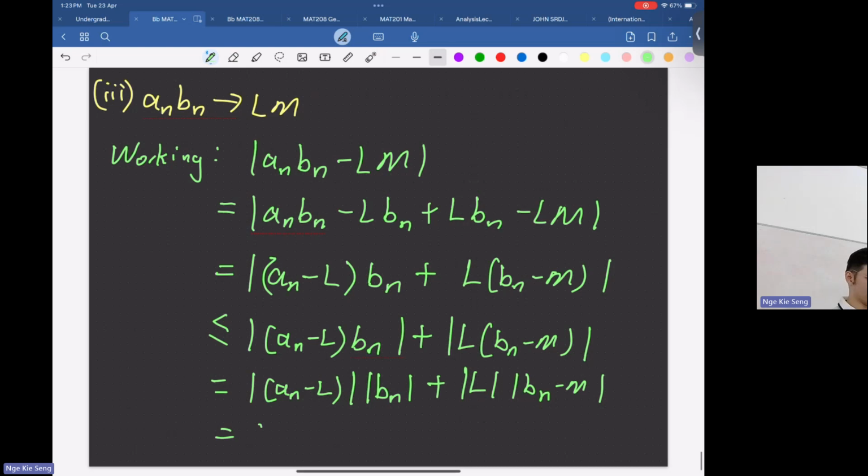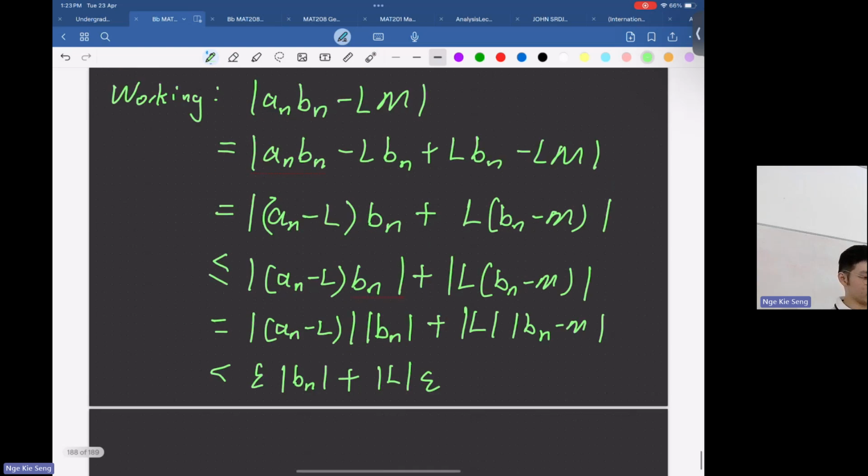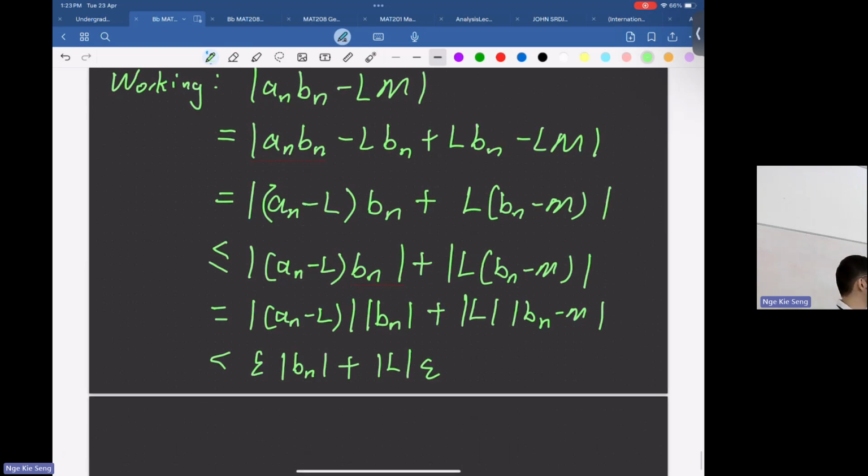So I got epsilon here. I got epsilon on the other side because I know that an and bn converge. So what kind of epsilon can I take to make this into epsilon?